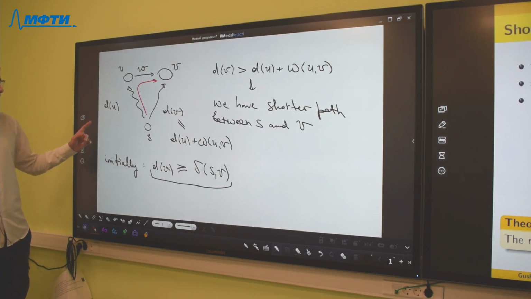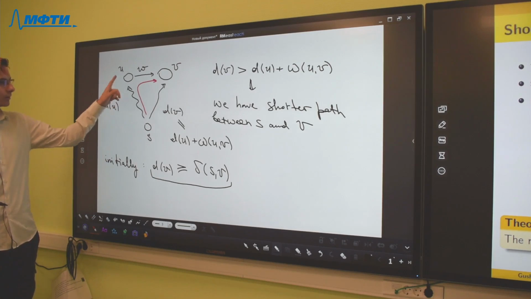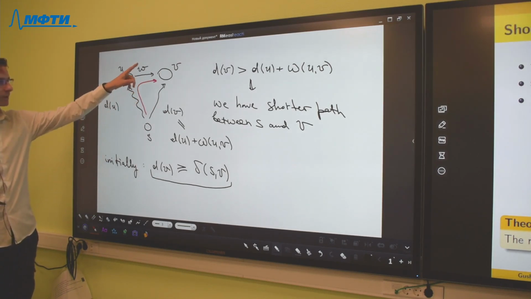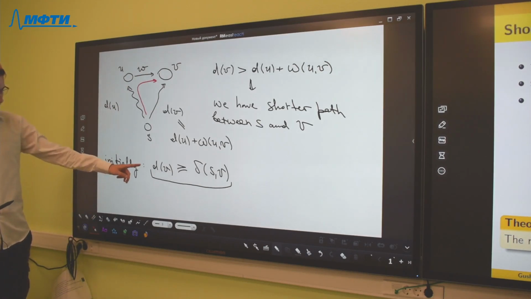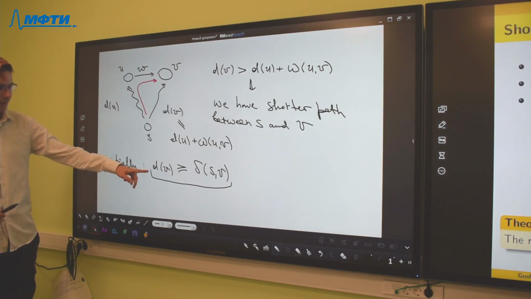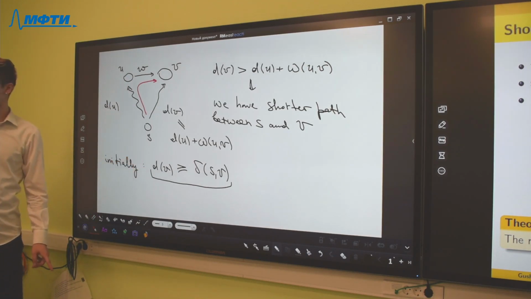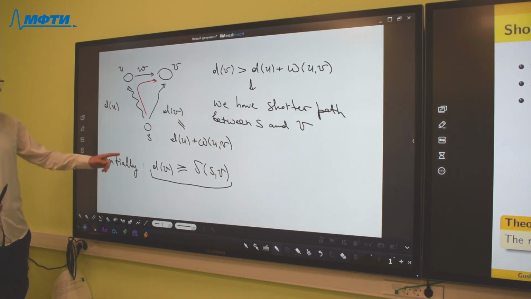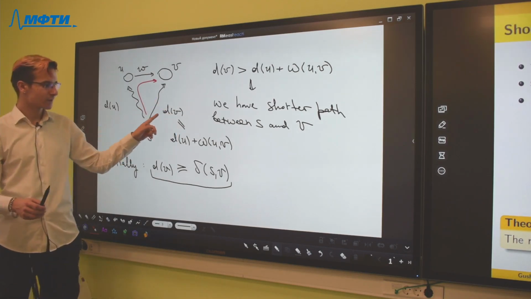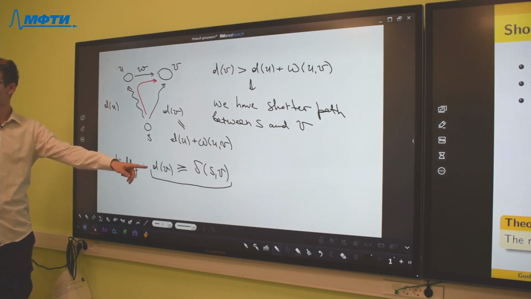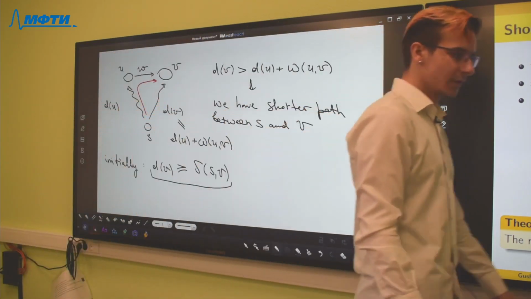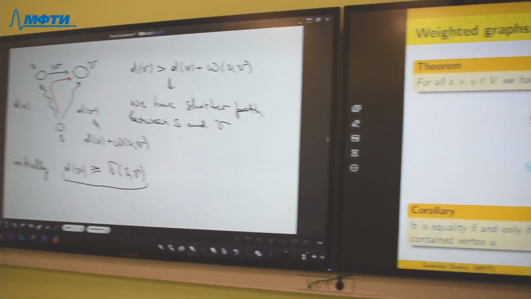So if we use the relax operation, and if the distances between U and S and between V and S are bigger than the shortest distances, then we can say that the new distance between V and S will be bigger than the distance between S and V because of the triangle inequality. Because of it. Okay?